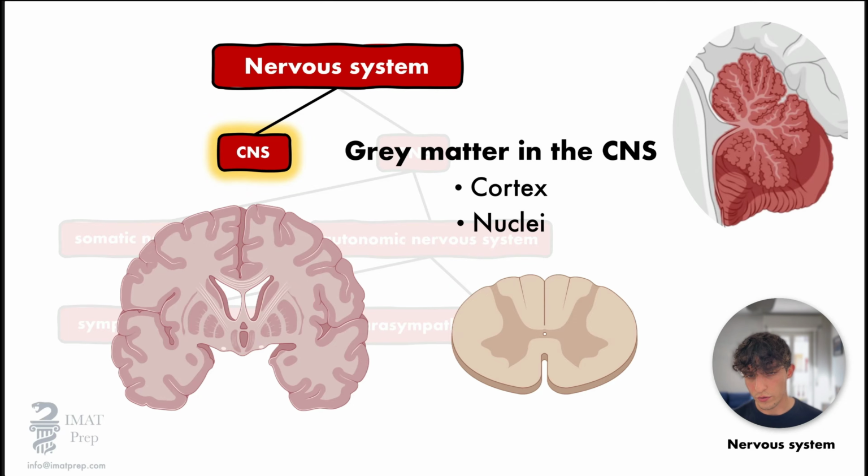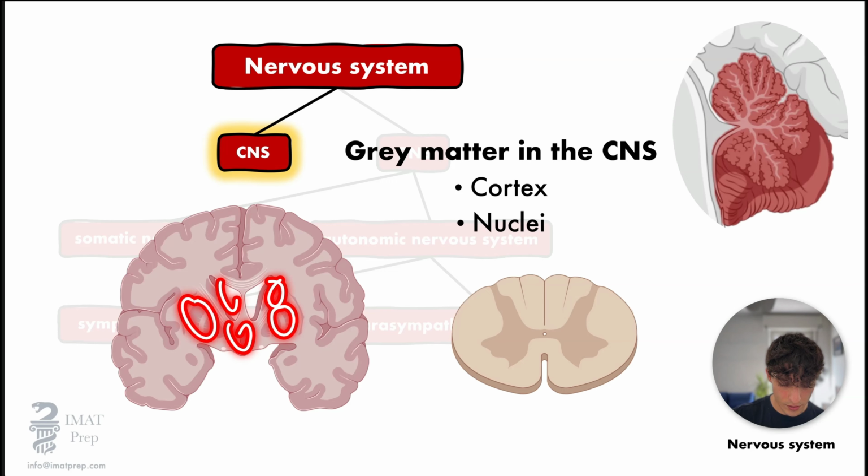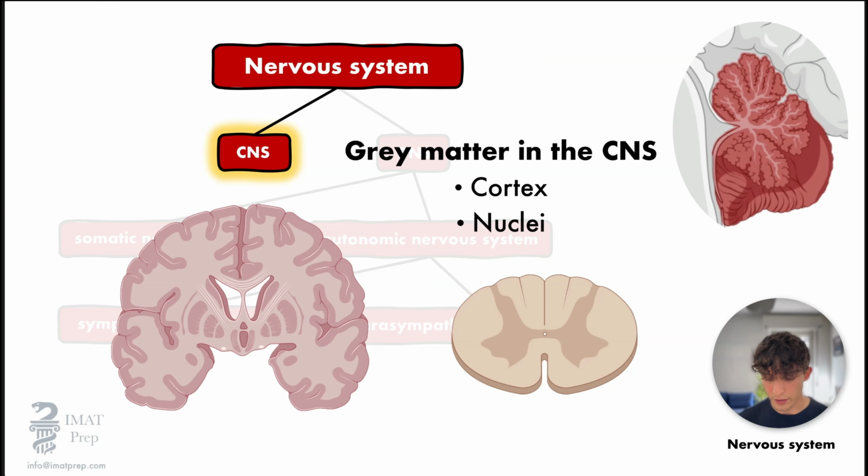So in the central nervous system, you can basically categorize gray matter into cortex, whether it's cerebral or cerebellar, or nuclei, so things that are not part of the cortex, but nevertheless where we have synapses. So actually we have a lot of nuclei in the spinal cord.